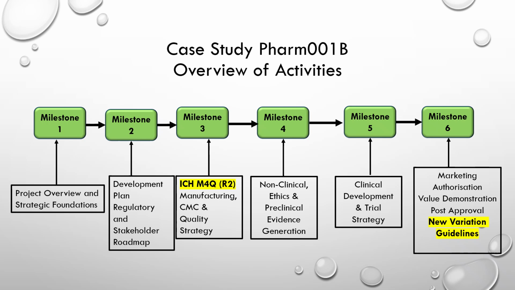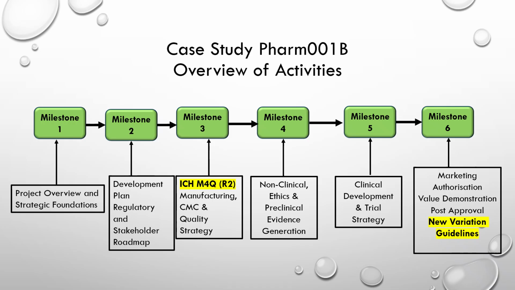I want to go through the new variation guidelines as it's been updated, and I haven't been through it for a while, so I want to go through that and keep myself up to speed. So this is going to be an overview of the journey that I'll be taking across this series for this case study, and this flowchart outlines all of the 6 milestones and all of the activities that I expect to complete.